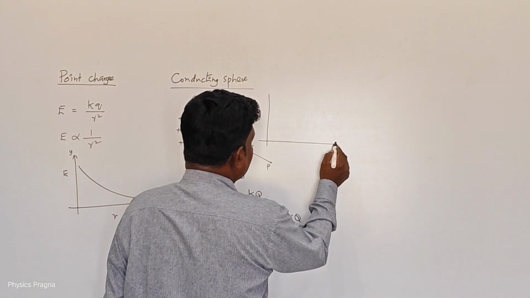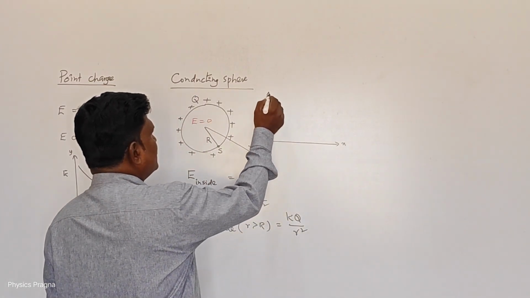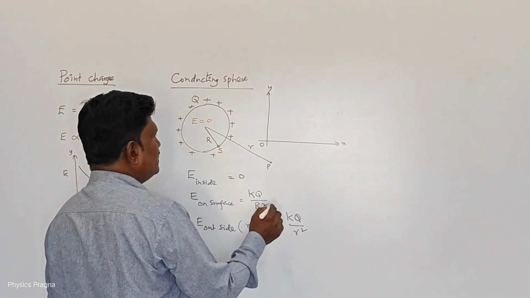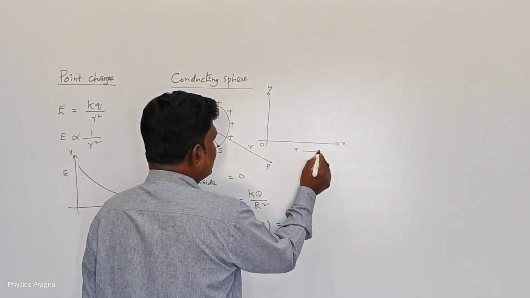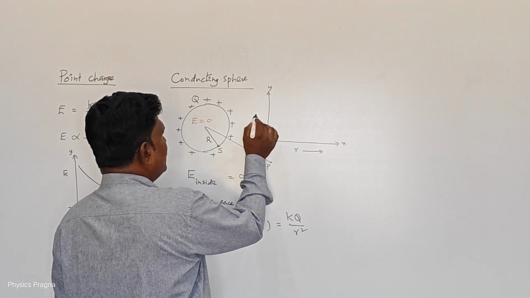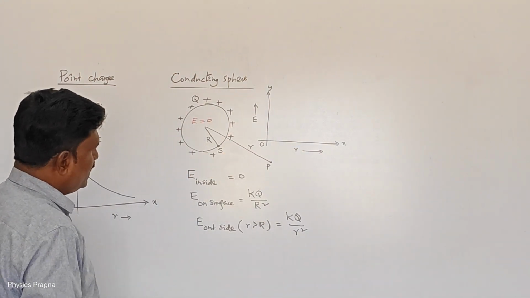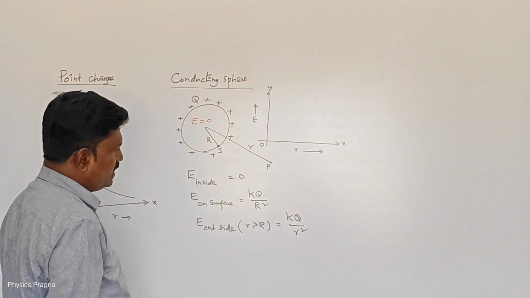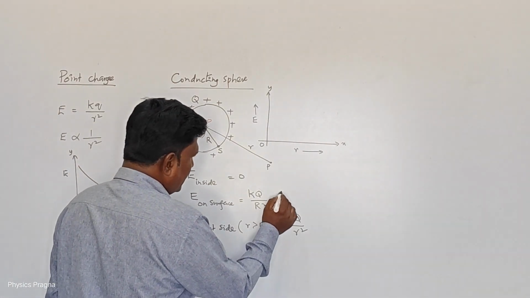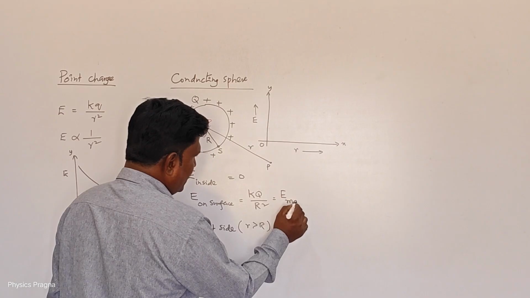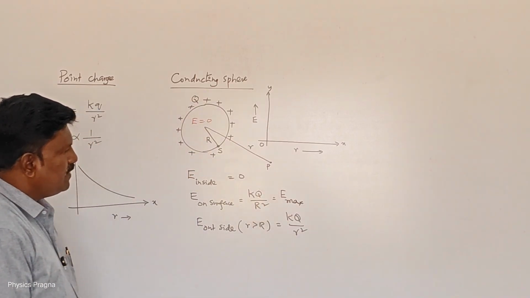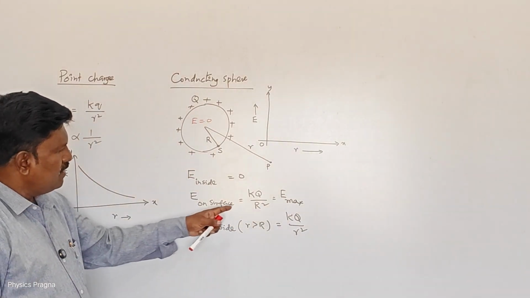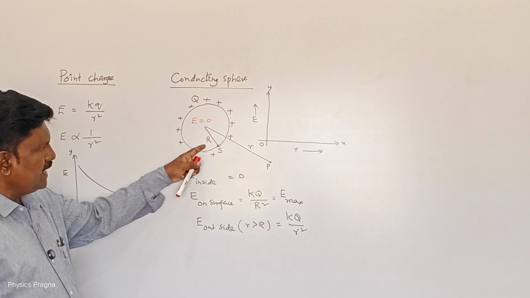So this is the x-axis, this is the y-axis, this is the origin. Here are the distances we have taken, and here the electric field we have taken. If you see all three equations, this is the maximum electric field. The maximum electric field you can see is on the surface of a conductor.